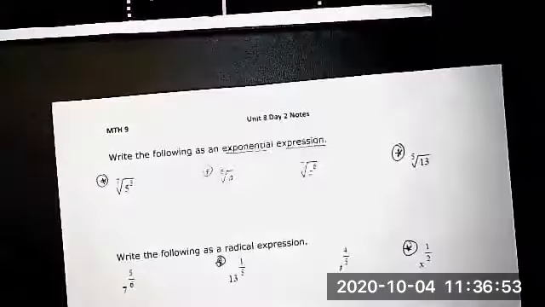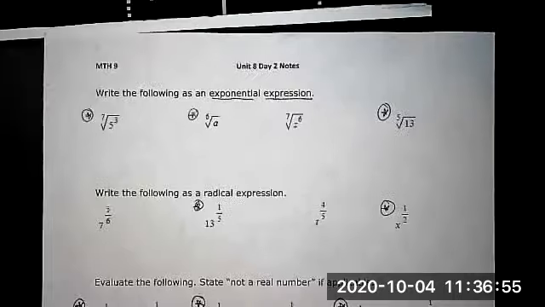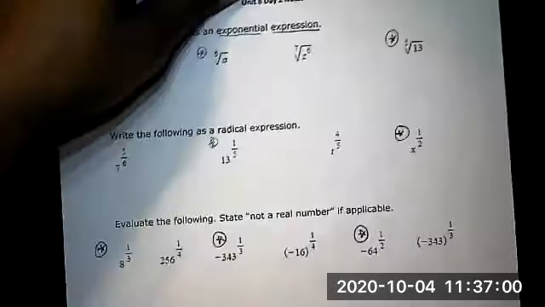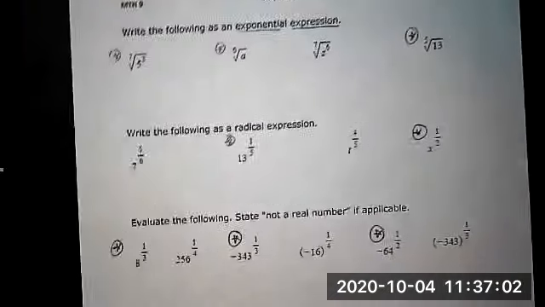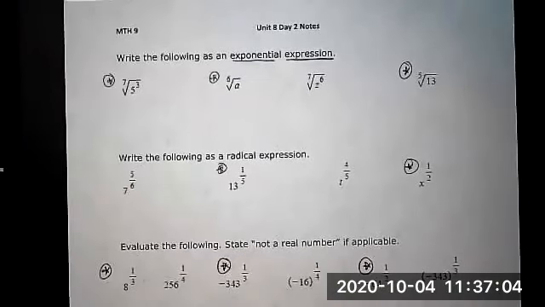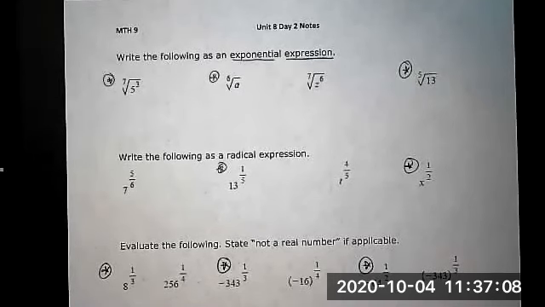All right, so we are writing it as an exponential expression. What does that mean? When you're writing it as an exponential expression, you're basically writing the base and then an exponent, and that's it. They do not want it as a square, like a cube root, 7th root, blah, blah, blah.